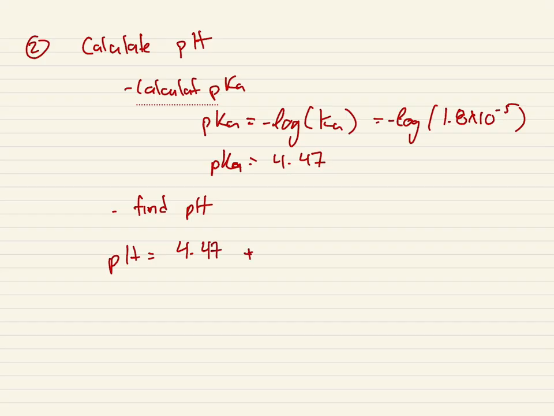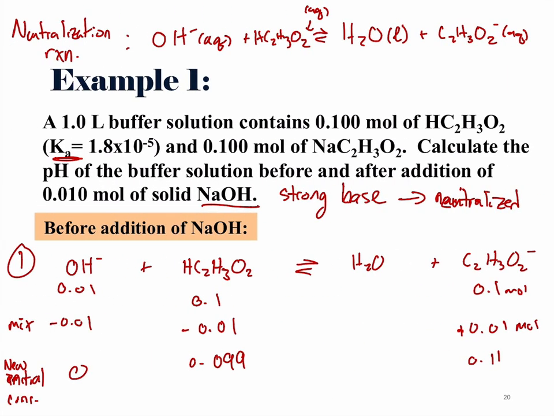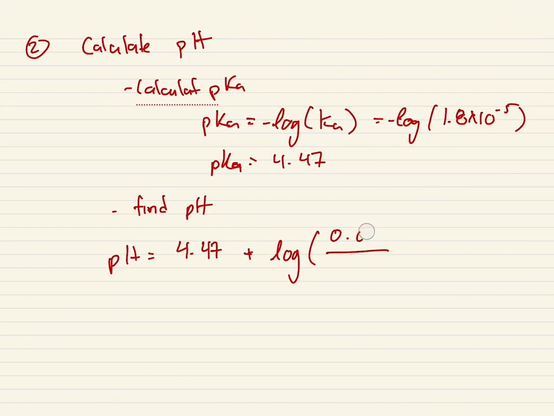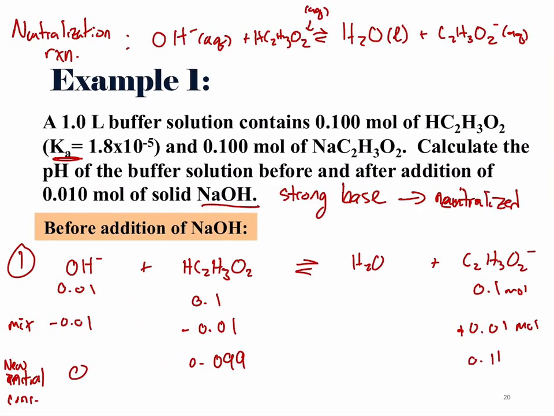plus the logarithm of 0.099. Oops, sorry, other way around, 0.11 and 0.099. Right. Based off of what we added to the solution, what would you expect to happen to the pH relative to the pKa?